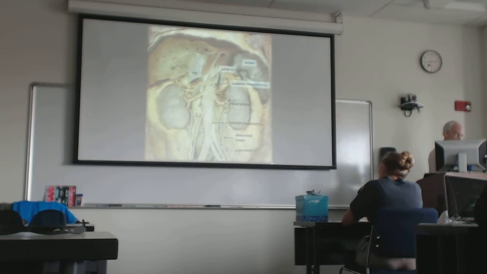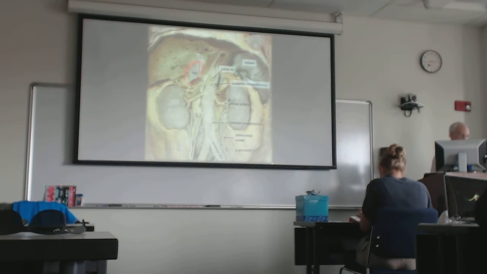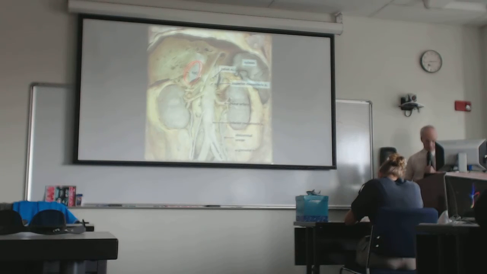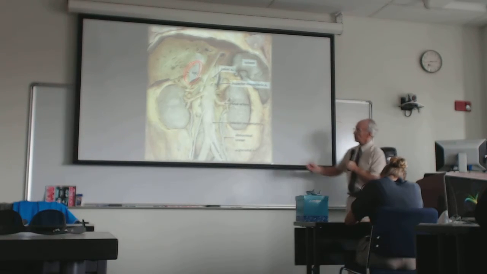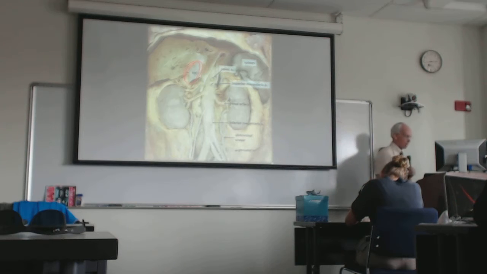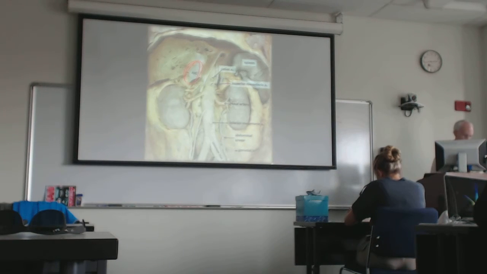Here's the caval hiatus over there. It's actually a little superior, but that's the internal vein. The vena cava emerging from the liver. And then here's our celiac artery, superior mesenteric, inferior mesenteric. Of course, this is where the aorta branches into the common iliac.